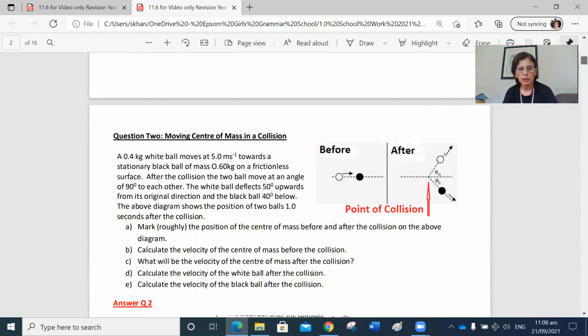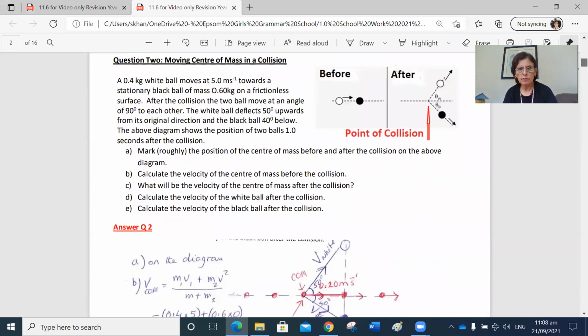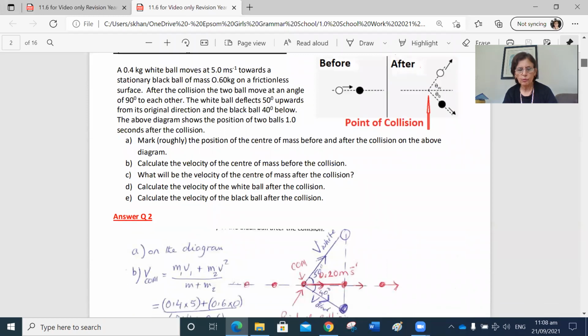Now, the second question we are going to look at is from the point of view of the velocity of the center of mass. In this question, a white ball moves towards the black ball. The black ball is a little bit bigger in size, as given in the information. After the collision, the two balls move in two different directions.